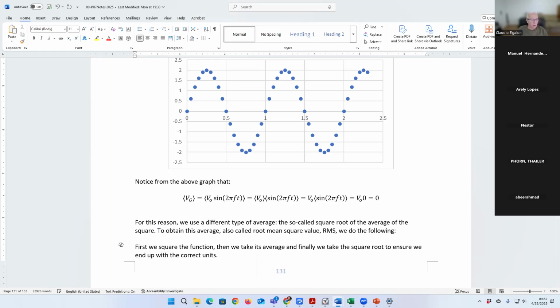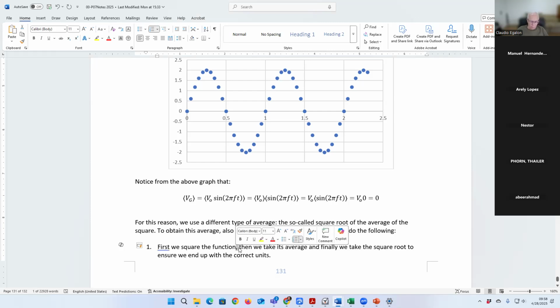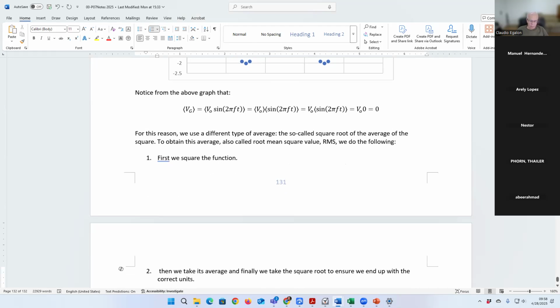First, we square the function. Then we take its average. And finally, we take the square root of the above to ensure we end up with the correct units.